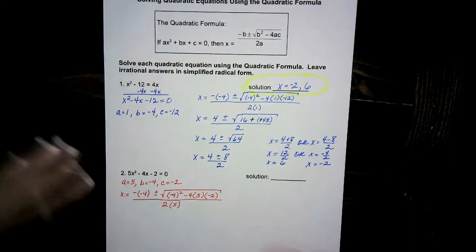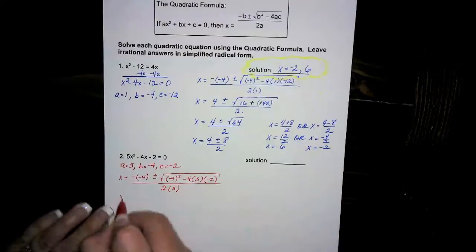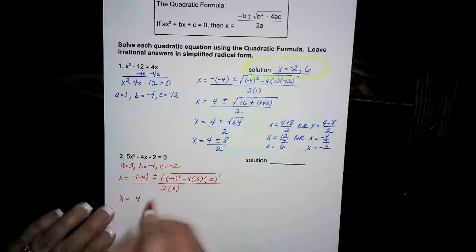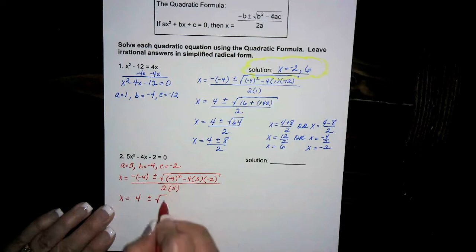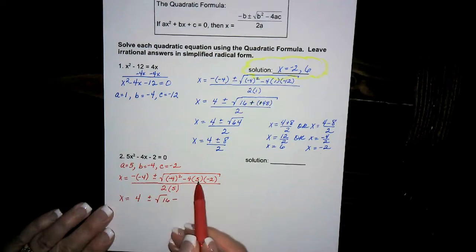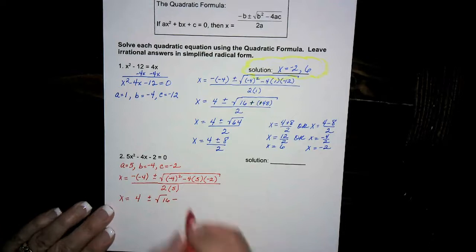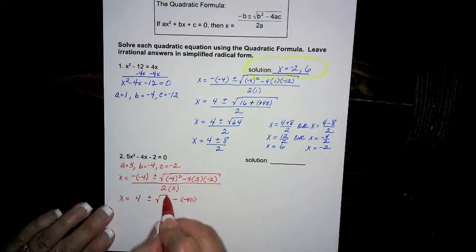Okay, let's clean it up, or what I mean by that is to simplify. So negative 4 is 4 plus or minus. Then I've got negative 4 squared is 16, minus 4 times 5 is 20, 20 times negative 2 is negative 40. Watch that. Remember, it is a minus negative.